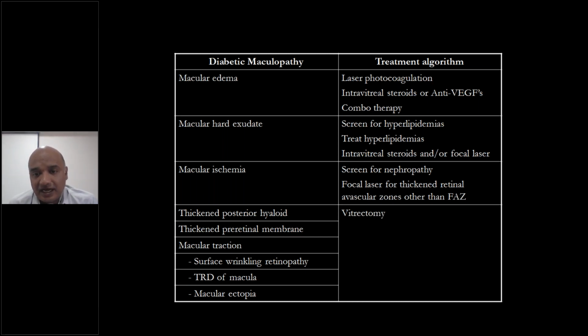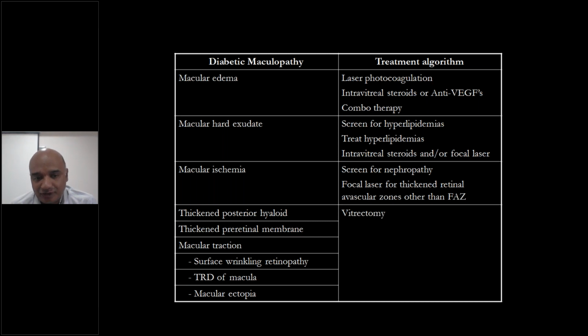Treat hyperlipidemia, and then you give intravitreal steroids and give focal laser. If there is macular ischemia, meaning in some cases when there is non-perfusion of the macula, then lasers are of no use. So in such cases you have to screen for nephropathy, and focal laser for thickened retinal areas other than the foveal avascular zone should be tried. So these are the basic management options for diabetic maculopathy.